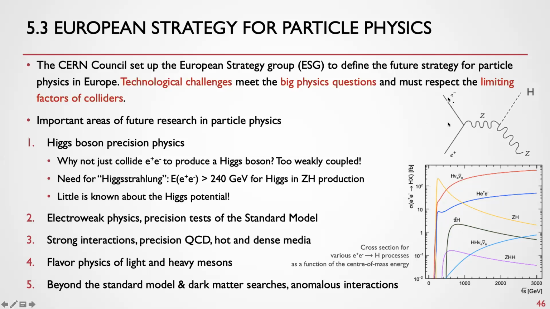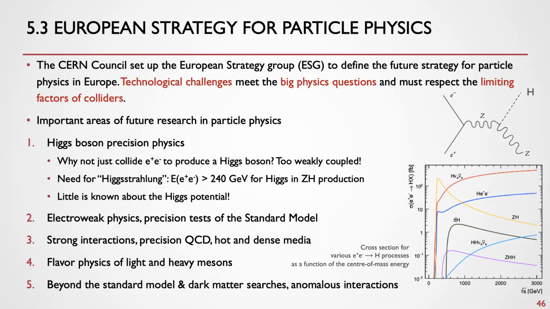E+, E- produces a Z boson, and the Z boson then radiates off a Higgs boson. This is a process that, if you look at the cross-section plot at the bottom right, starts at 240 GeV.